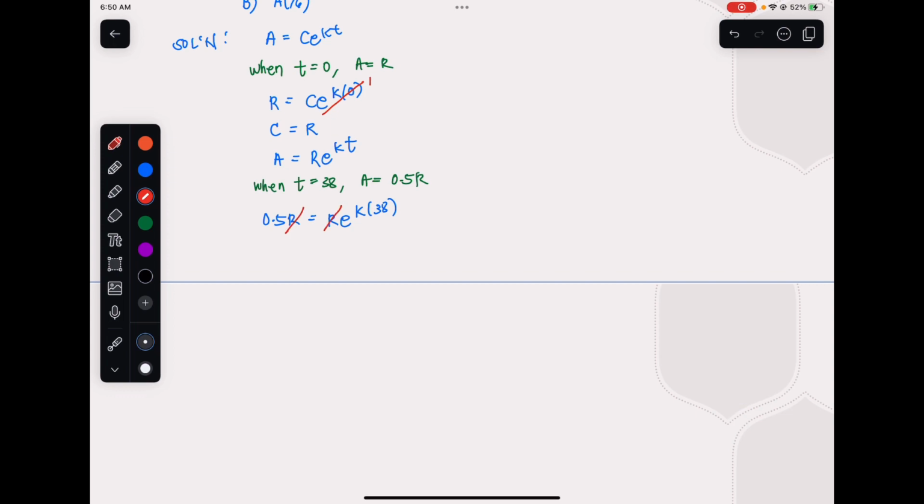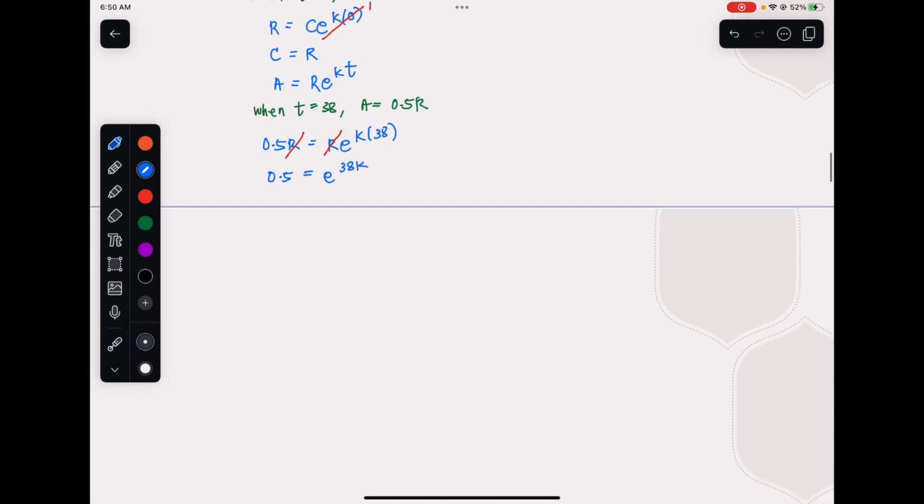That gives us 0.5 is equal to e raised to 38K. Since we are finding the value of K, we take the natural logarithm of both sides to move the exponent down. So ln of 0.5 will be equal to ln of e raised to 38K.